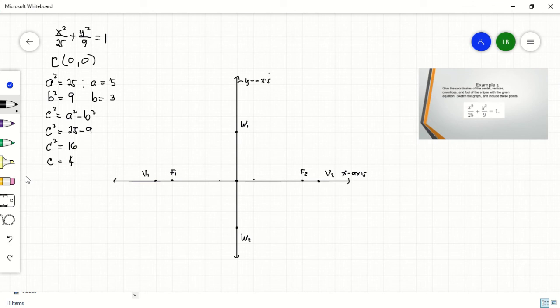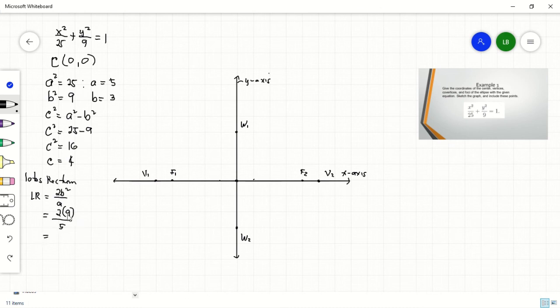So, the latus rectum or our LR is 2B squared over A. So, it is equal to 2 times our B squared is 9 all over our A is 5.